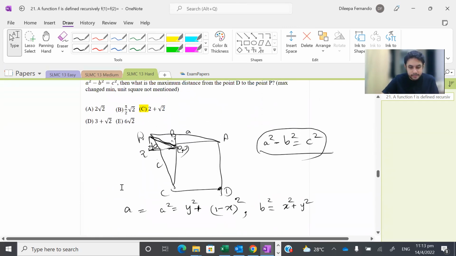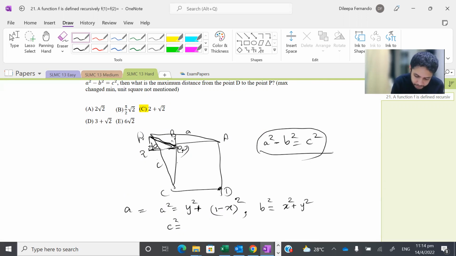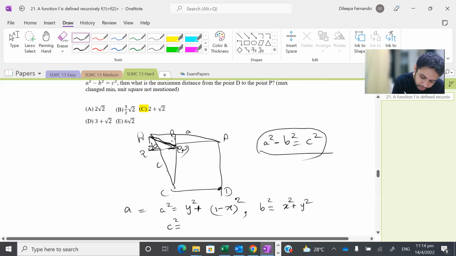And then C can also be found. C squared equals, we can use this PBC triangle, (1 plus y) squared plus x squared.